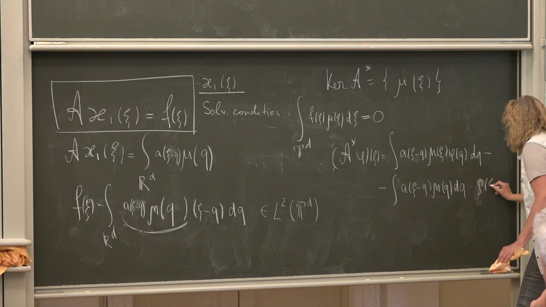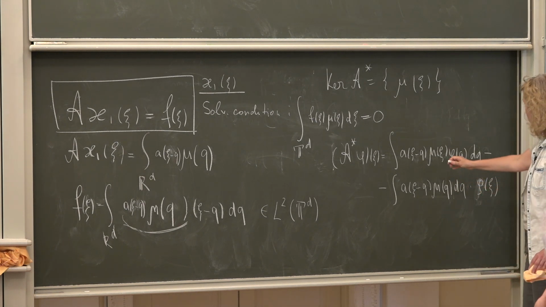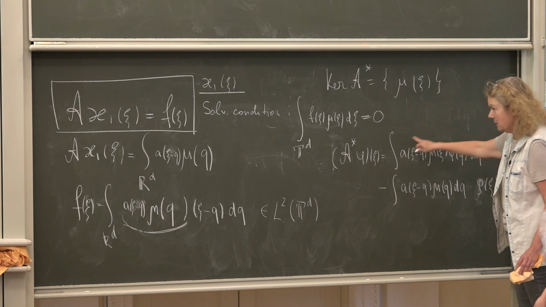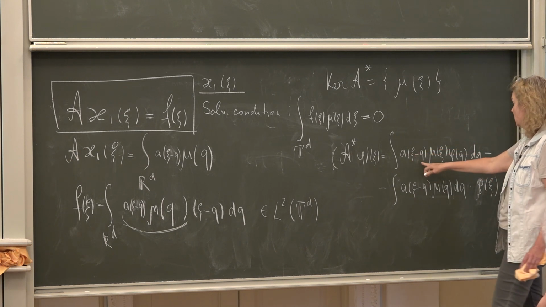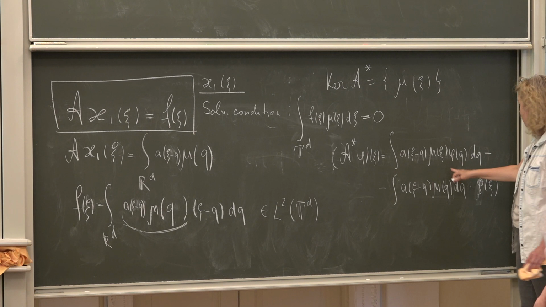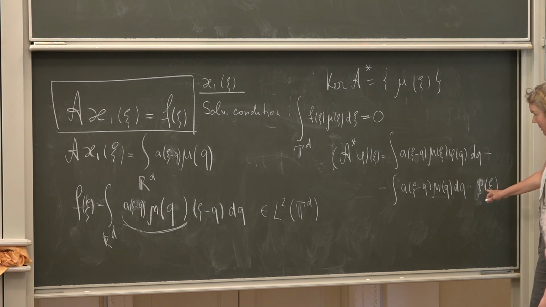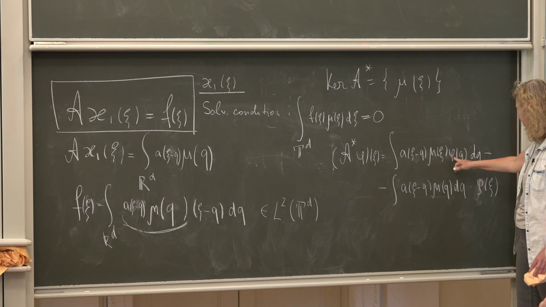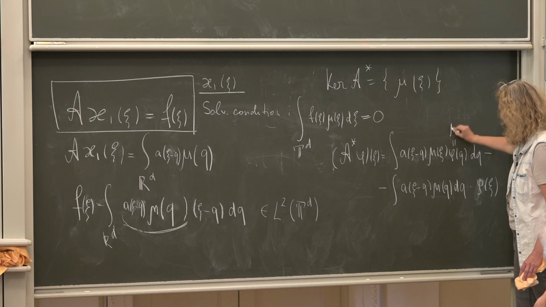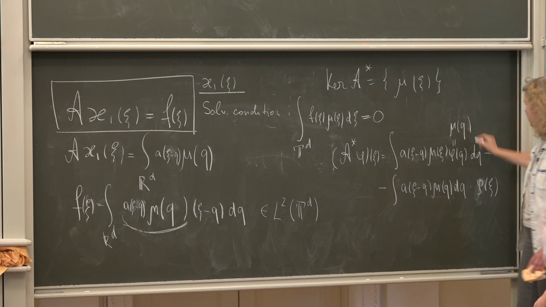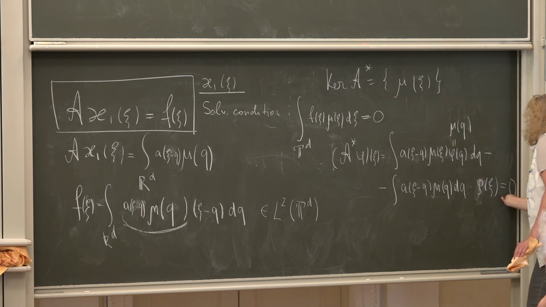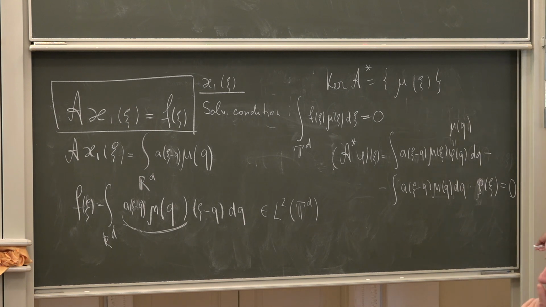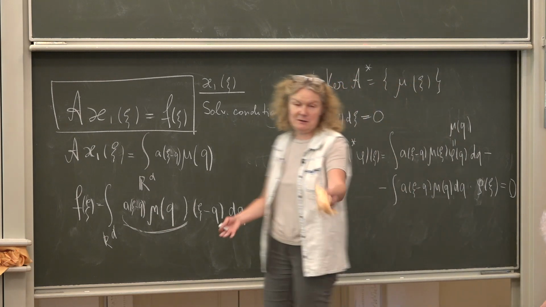Phi. What is the adjoint operator? A is a symmetric function, we assume that it is symmetric. So the adjoint operator has the following form, and it is easy to see that there is at least one function in the kernel: when we take phi equal to mu, then we have 0 here.